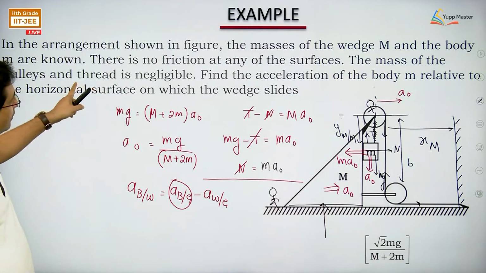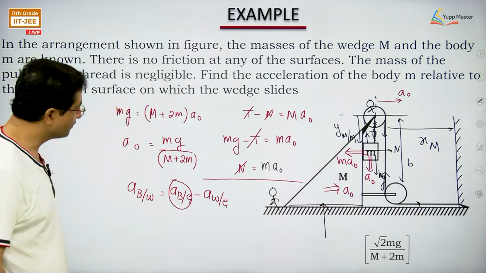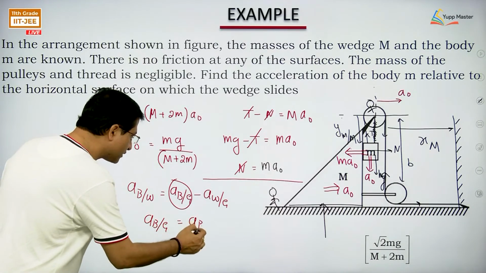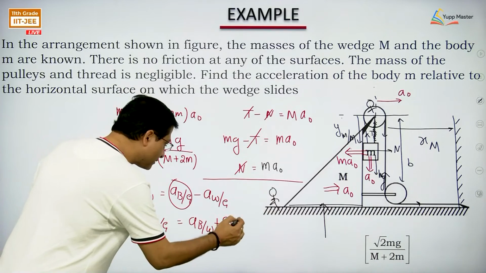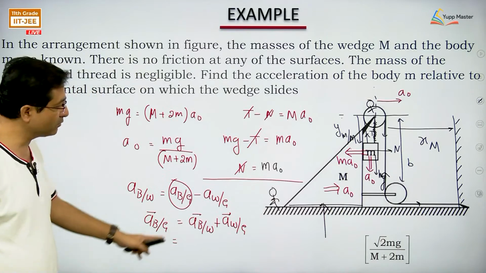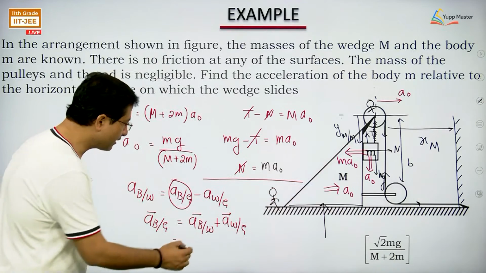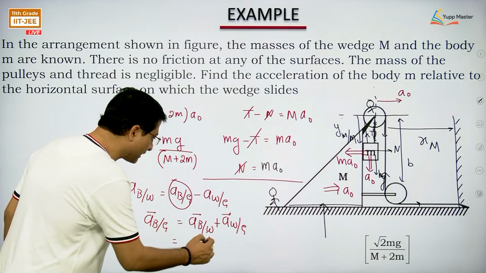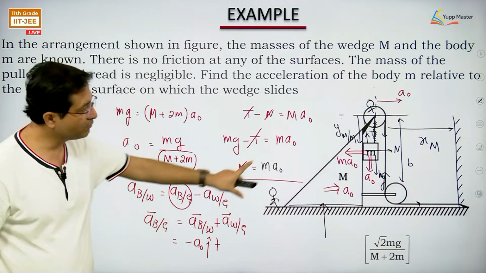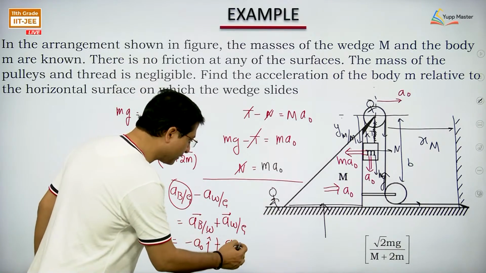The question is, find the acceleration of body m relative to the horizontal surface, meaning with respect to ground. So the acceleration of block with respect to ground can be written as the acceleration of block with respect to wedge plus the acceleration of wedge with respect to ground. These two I need to add. The acceleration of block with respect to wedge is a naught j cap with minus sign, then the acceleration of wedge with respect to ground, the wedge is going with acceleration a naught i cap.